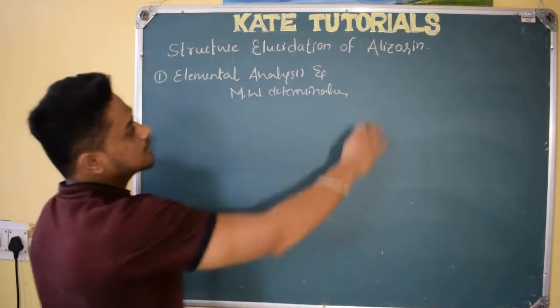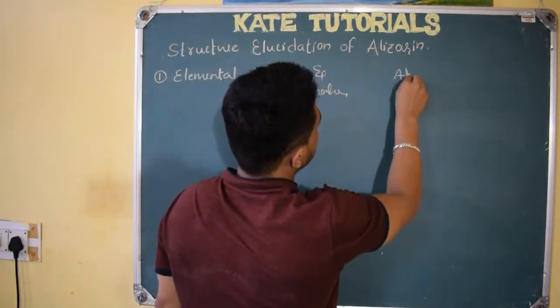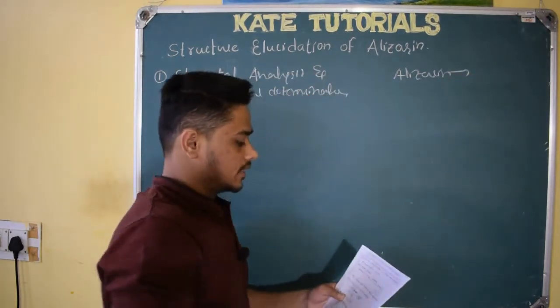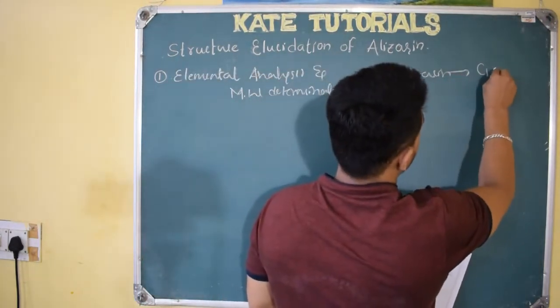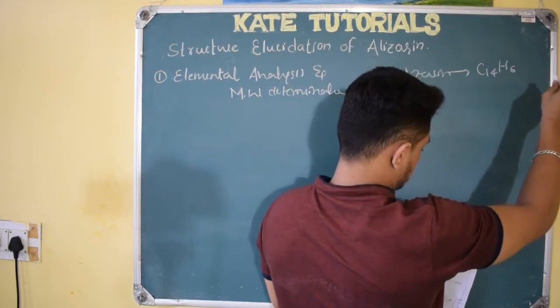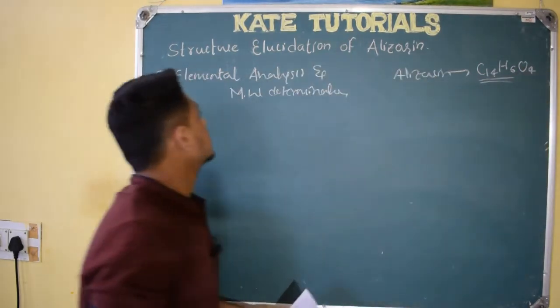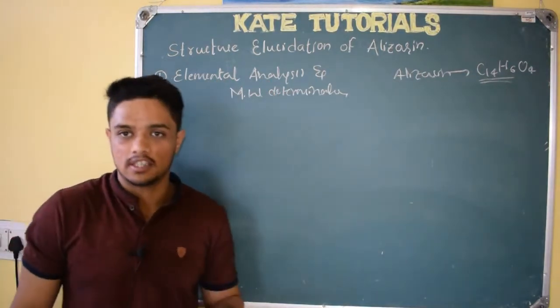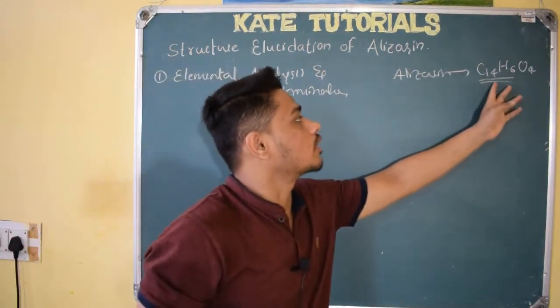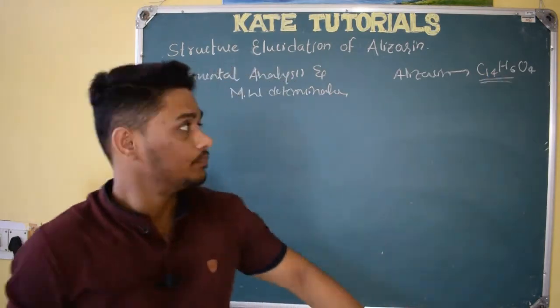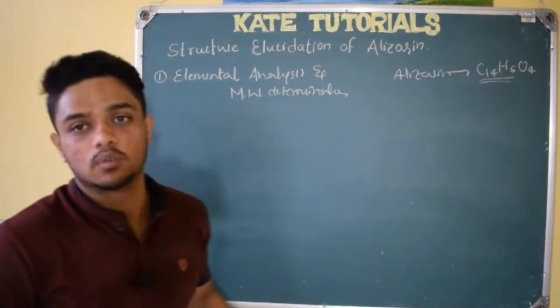They found that alizarin has the molecular formula C14H6O4, right? So the scientists did this elemental analysis and molecular weight determination, and they got the molecular formula of alizarin as C14H6O4. First they did this one.